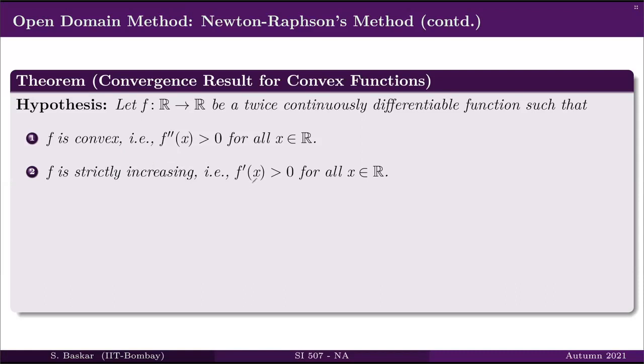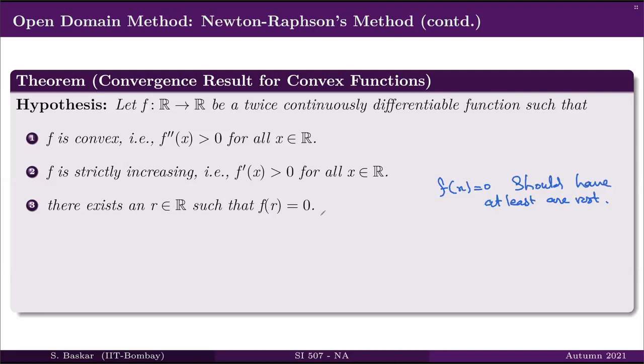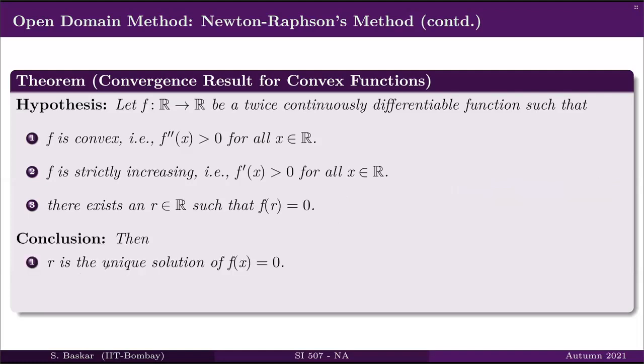All these particular cases have this luxury, and of course you have to assume that there exists an r such that f of r equal to 0. That means the equation f of x equal to 0 should have at least one root, right? Otherwise, we cannot expect our Newton-Raphson method to converge, right? That is quite obvious. Then we can right away say that r is the unique solution of the nonlinear equation.